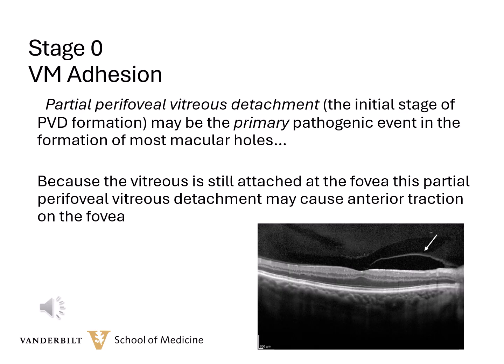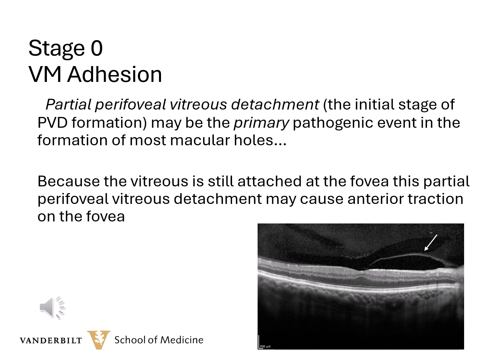Vitreomacular adhesion can be defined as a partial parafoveal detachment of the vitreous. In this case, the vitreous is still attached at the fovea. While the foveal depression is a bit flattened, the internal structures of the retina are normal. Vitreomacular adhesion is usually an incidental finding, and it usually can be ignored.